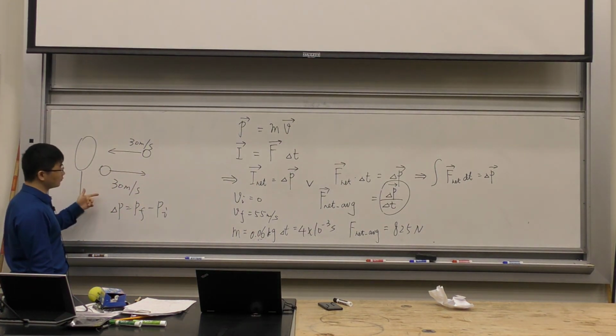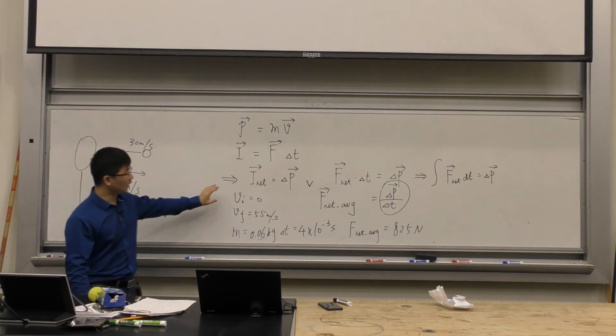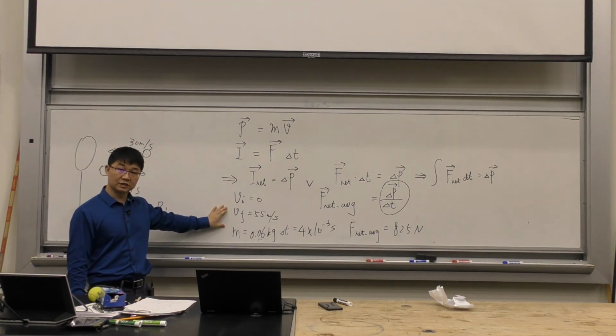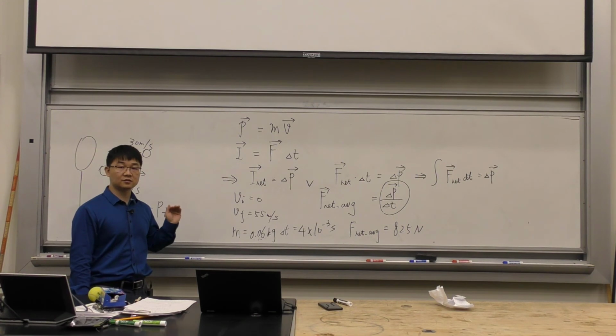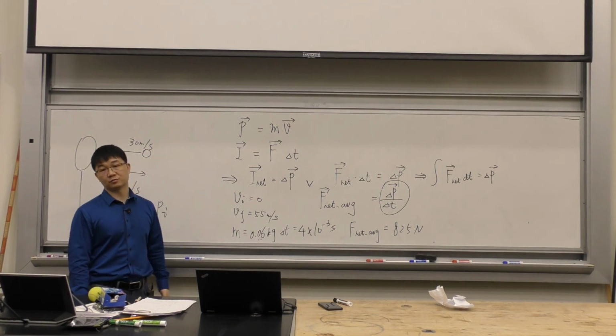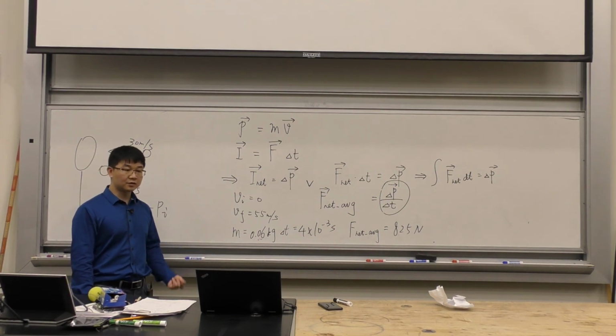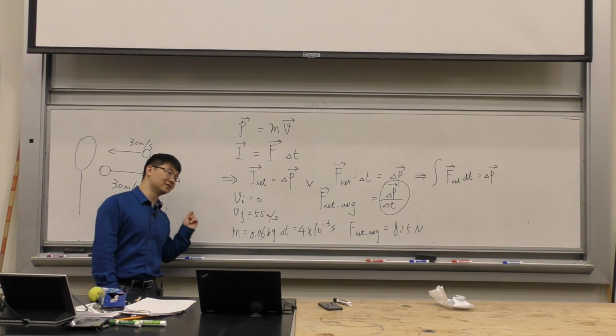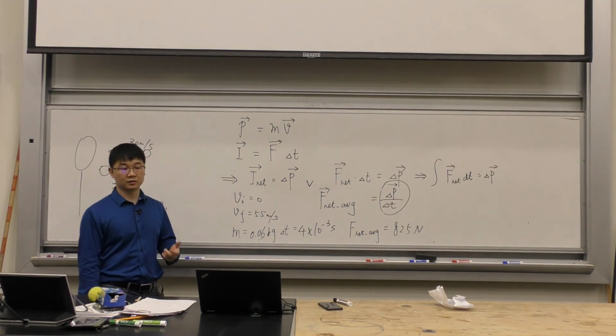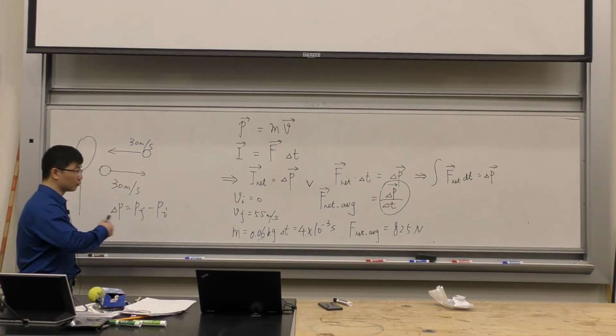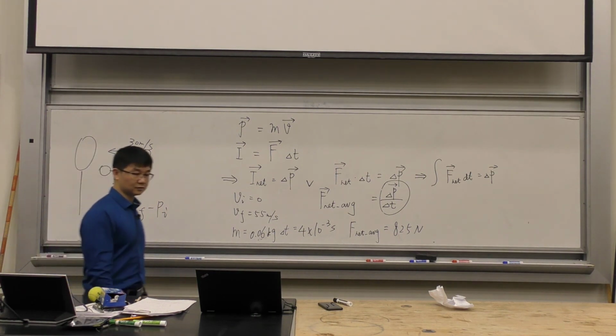Then you can get the right values and the signs for the initial and final speed. Remember, that's how we distinguish different directions. If they're vectors, we're going to call one direction positive, then anything opposite to that direction, I'm going to call it negative.